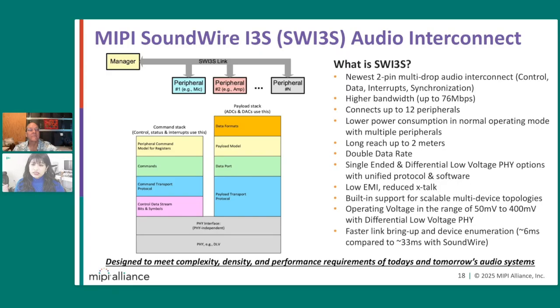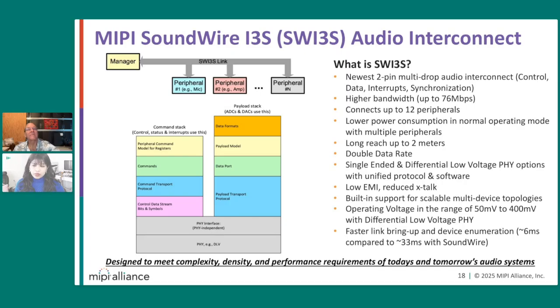And together, they give designers the flexibility to scale the same interconnect across small wearables, laptops, and even large embedded systems. Even with support for both these PHYs, the control and software, the protocol and the software layer stays the same, saving both the development time and validation effort.